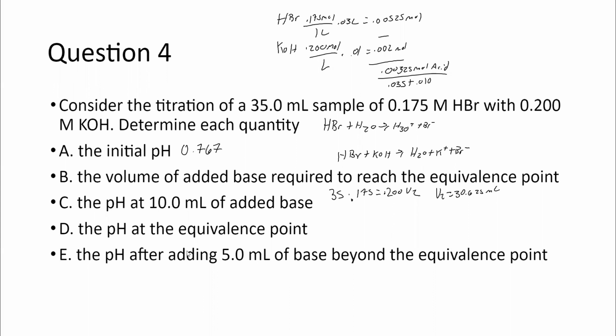So let's get a concentration. So my concentration of acid is 0.0722. Let's do minus log of that to get pH now. Right, my pH is 1.14.